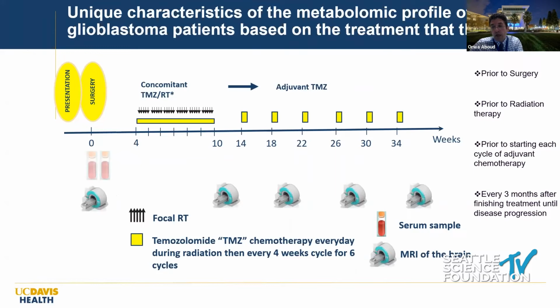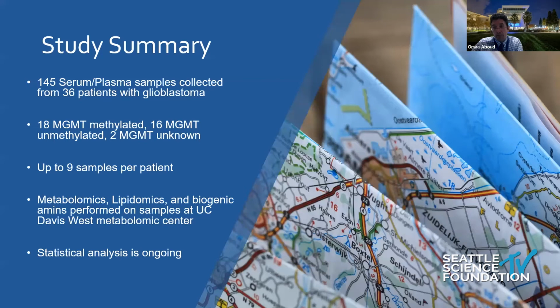Further, the second question is whether there are any unique characteristics of metabolomic changes in patients depending on the treatment they receive, whether surgery changed the metabolomic profile for these patients, whether radiation did that, whether treatment with temozolomide made this difference.